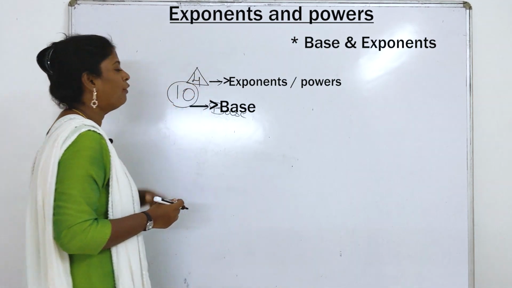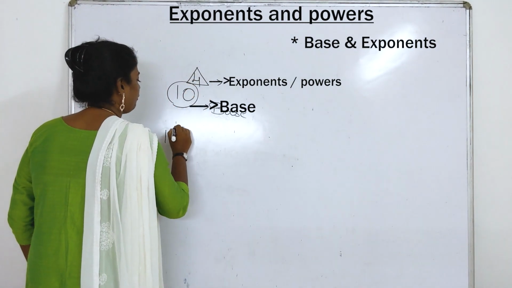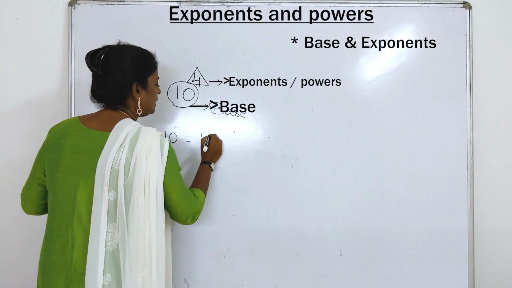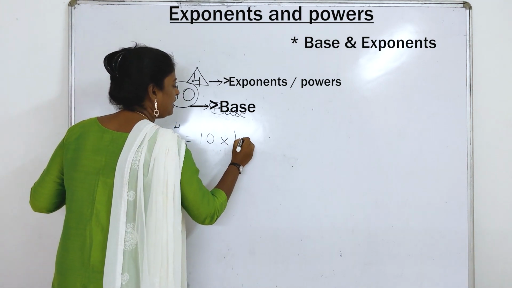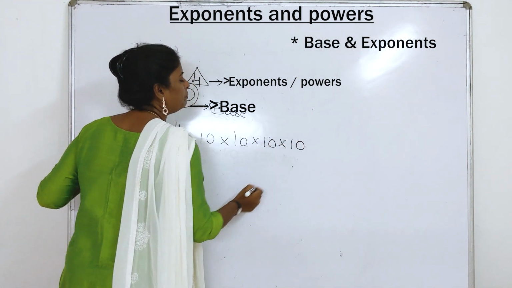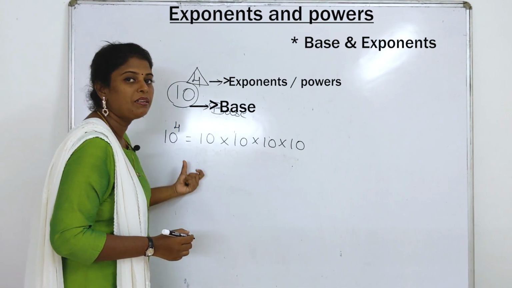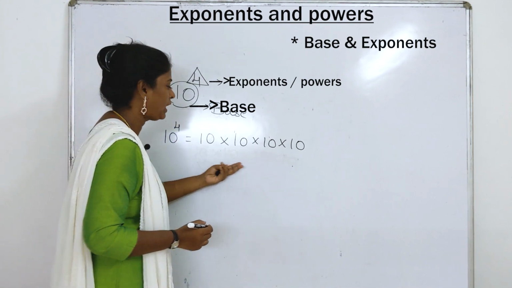And 10 power 4 is written as 10 power 4 equal to 10 into 10 into 10 into 10. It means the base 10 is multiplied 4 times.